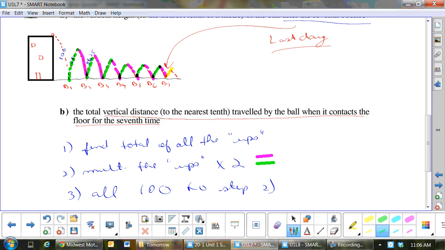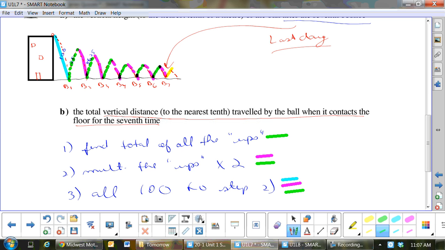So the ups, just green. Step 2 would give me all the green and the purple, right? And then I would add that to it. So I would have this, this, and this.